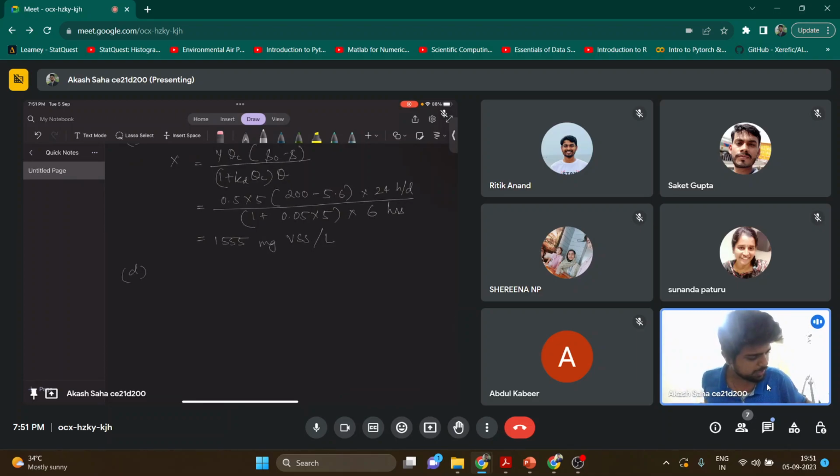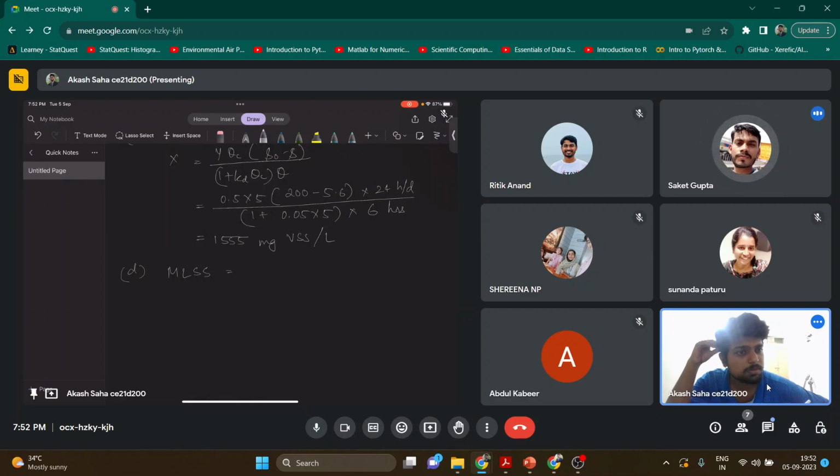So this is my biomass concentration. If I know my biomass concentration, can someone tell me what is the MLSS value now? I have told you several times that biomass is written in terms of MLVSS. So what will be my MLSS? Will it be more than my VSS or less than my VSS? It is total suspended solids, so it will be more than.